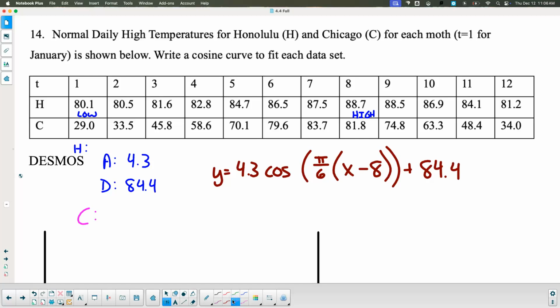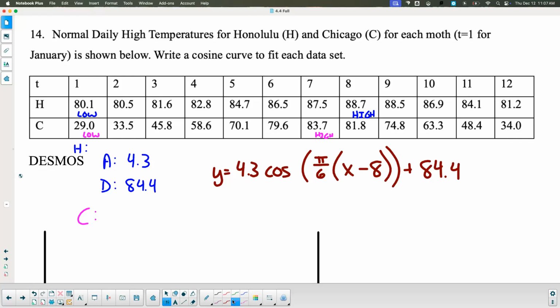For Chicago, I got a high of 83.7. I got a low of 29. 83.7 minus 29 is 54.7.